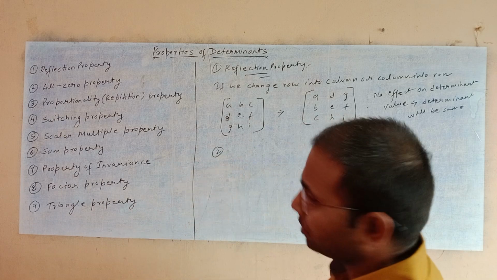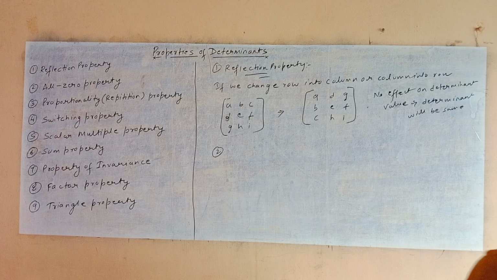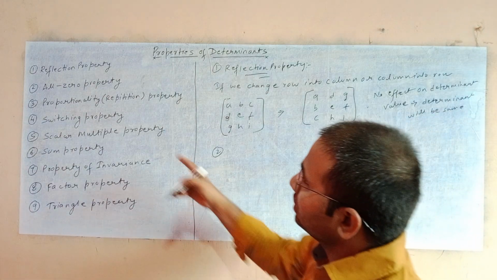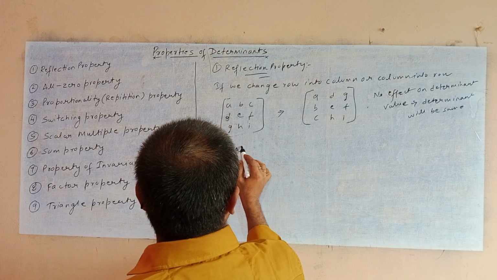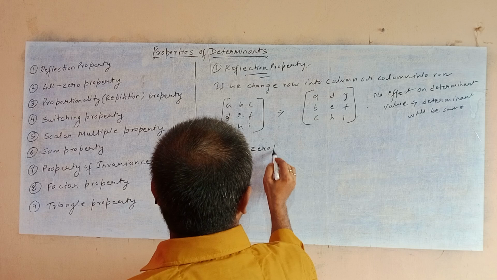Now the second property. Second property is what? All zero property.